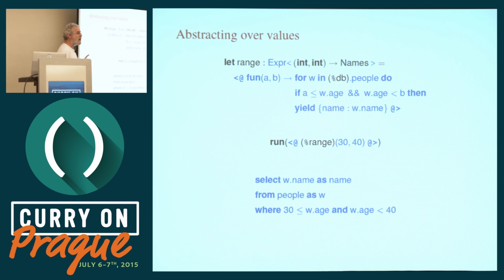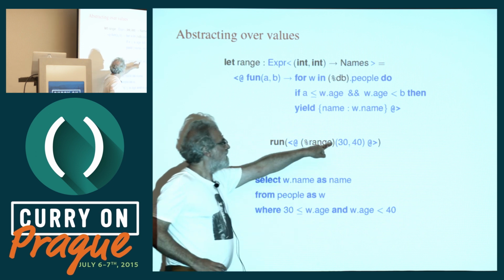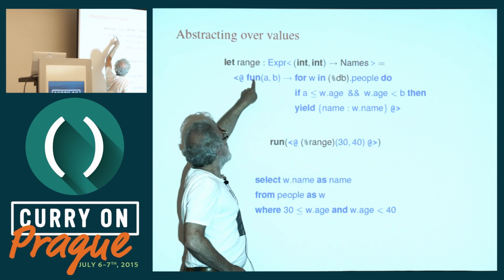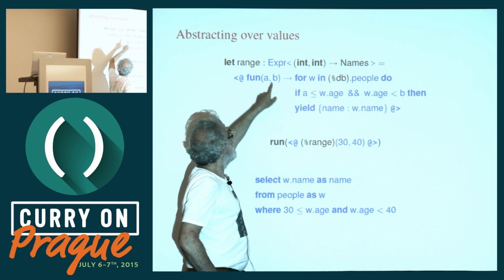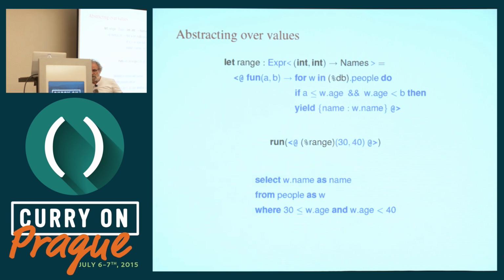Note that here we are making use of simplification, because the actual parameter 30 gets substituted for the formal parameter a, and similarly 40 gets substituted for b. Doing that simplification is part of what happens before we execute the query.